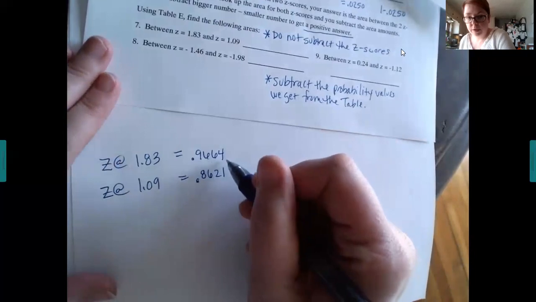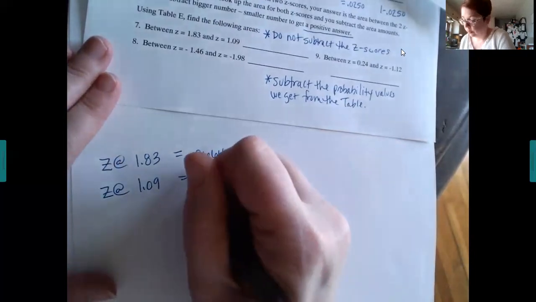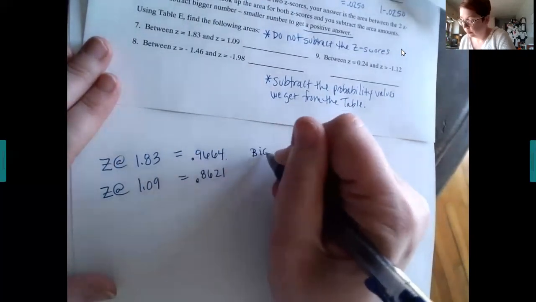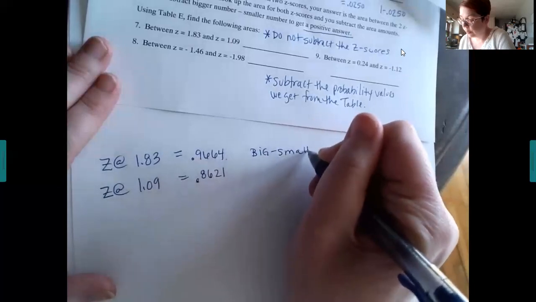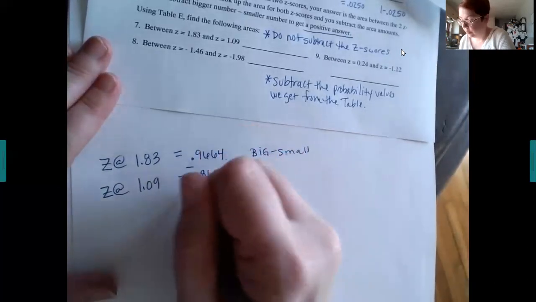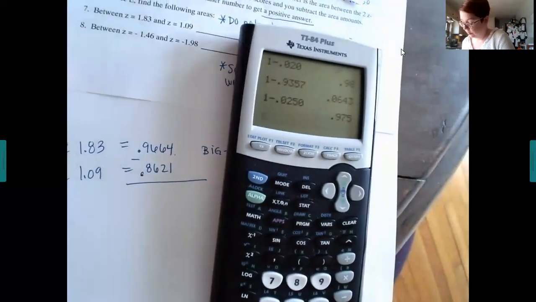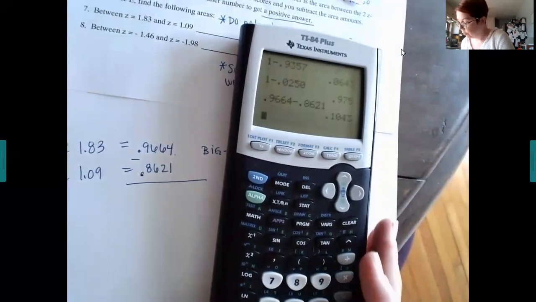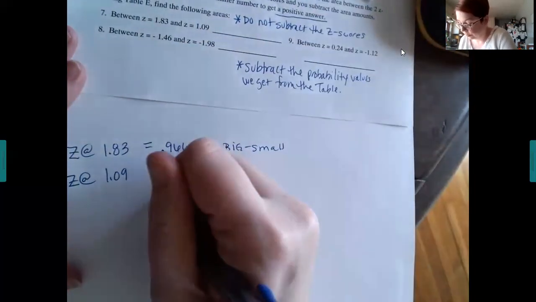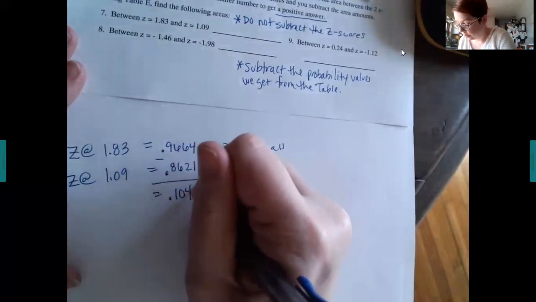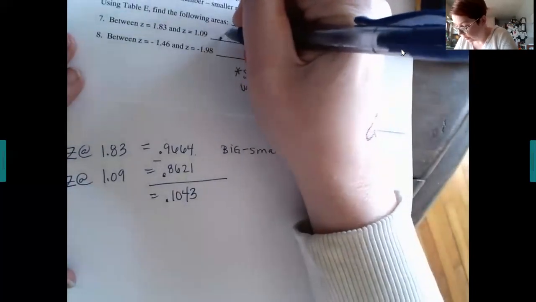All right, bigger number minus smaller number. We get 0.1043. That would be your answer. This is an in-betweener.